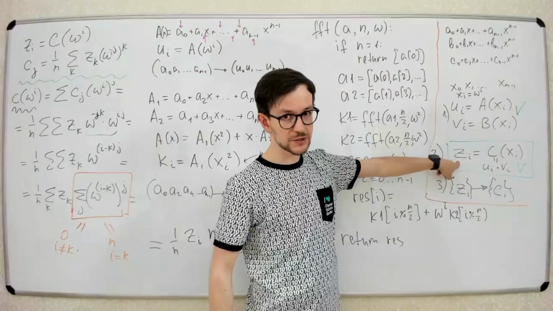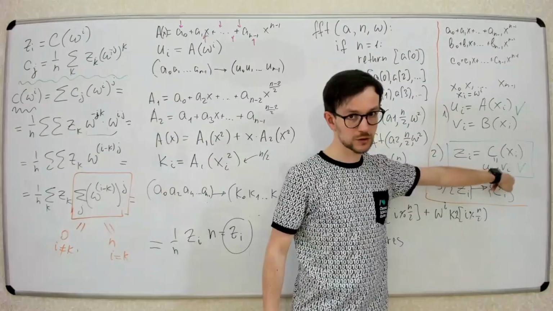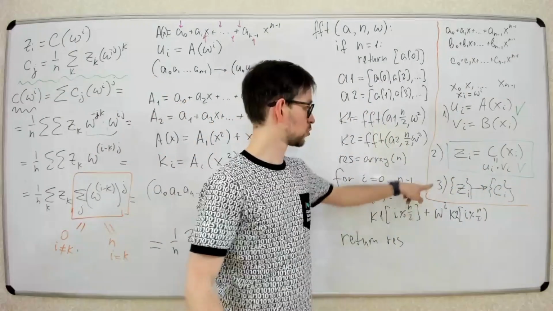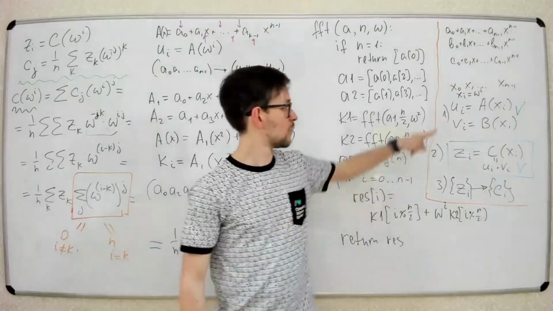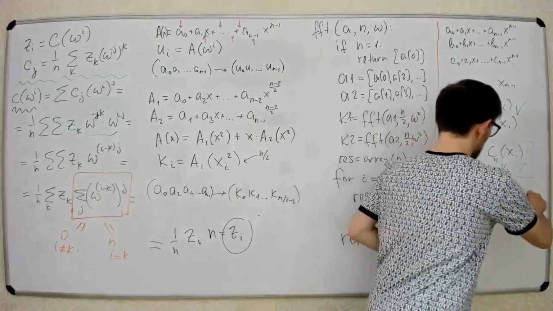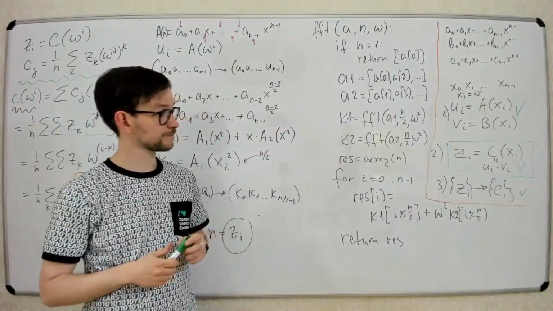Then we calculate values of polynomial c in the same points just by multiplying these two values. And then we use inverse transformation like this to reconstruct the polynomial c from these values. Both these parts are actually the same. They both work in n log n time.